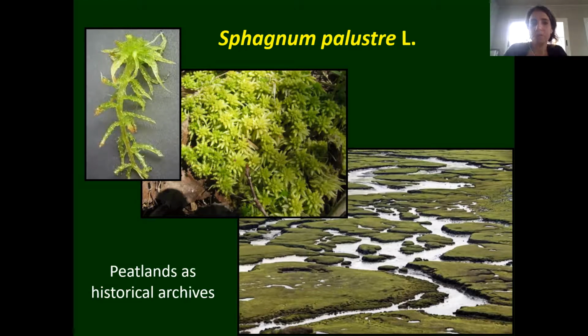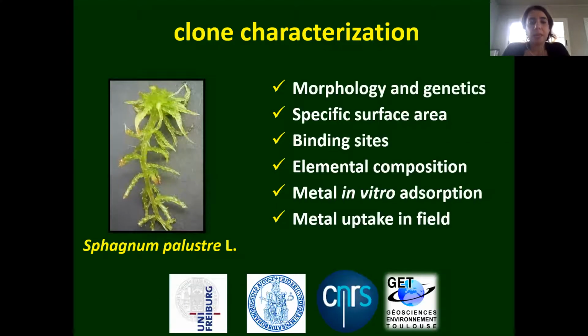So this moss, I think, is more important between the other types of moss. We selected this moss and we tried to characterize not only the morphology, the genetics, but also the characteristics of the surface and the ability of moss to catch contaminants, not only in vitro experiments, but also using moss bags.